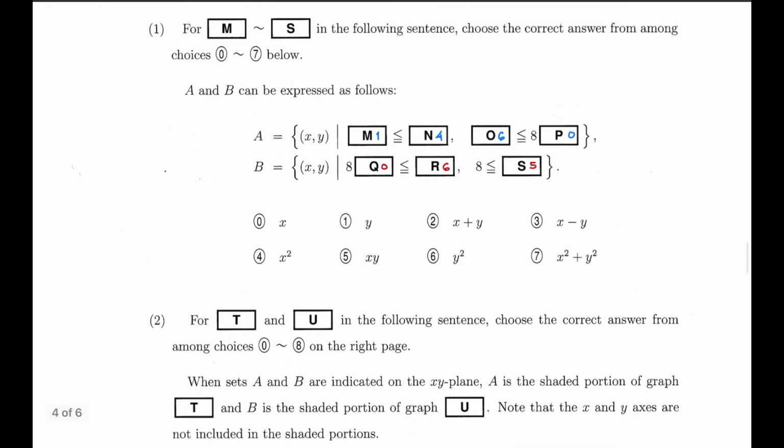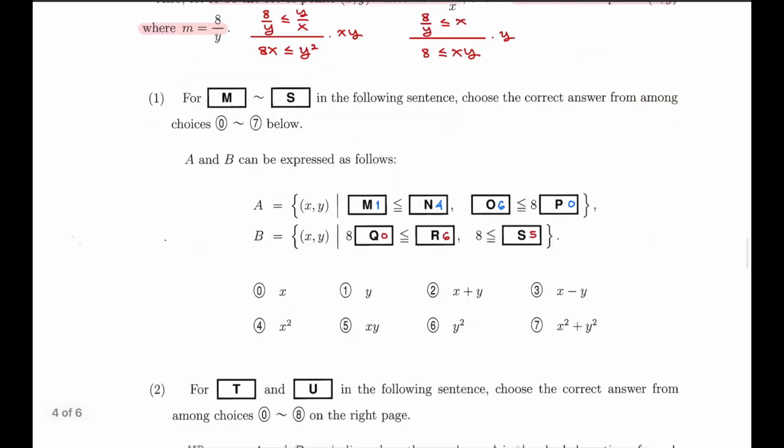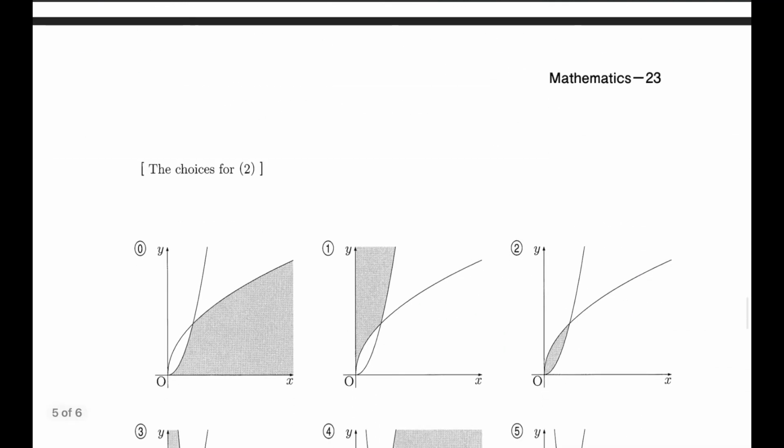What is A? A is y less than or equal to x squared and y squared less than or equal to 8x. First of all, I want to know the shape of these 2 graphs.